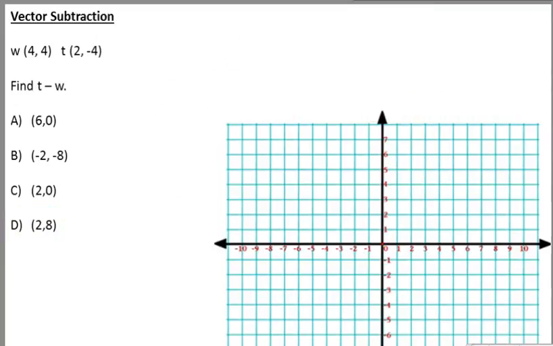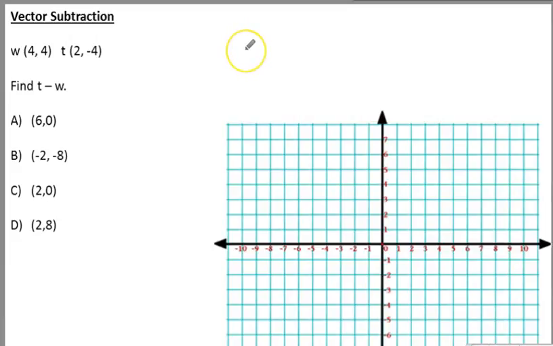This time I'd like you to calculate T minus W. So we're going the other way now. Again, I'm going to hold for a moment. You can stop the recording if you need more time to think. So we're going to use just the shortcut method. I'm not going to draw this one out.